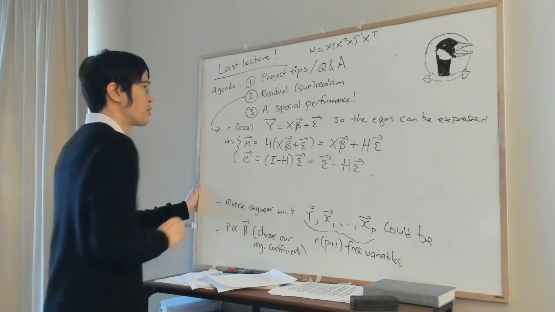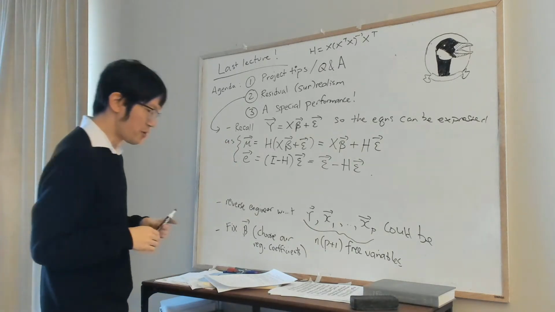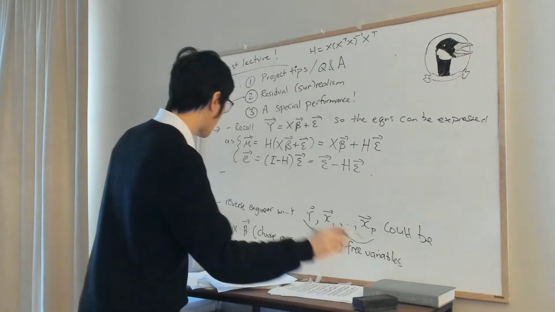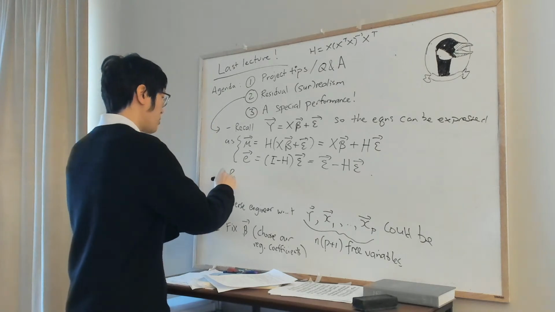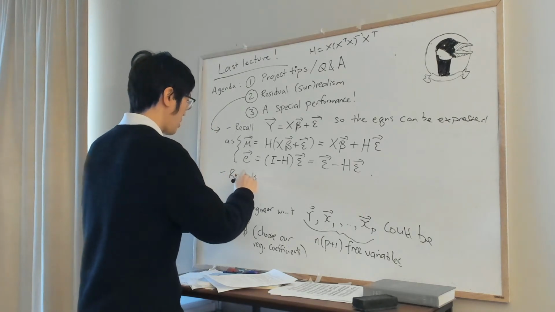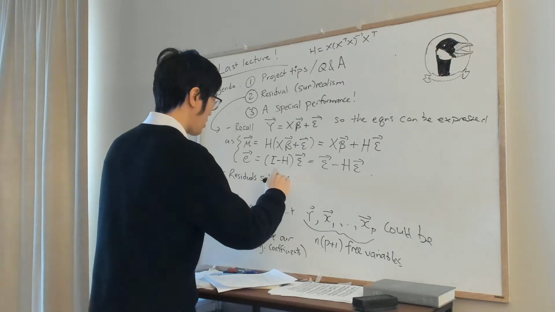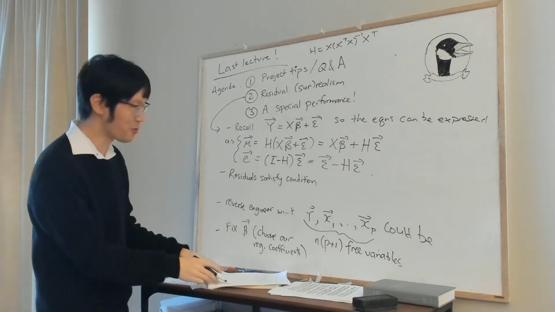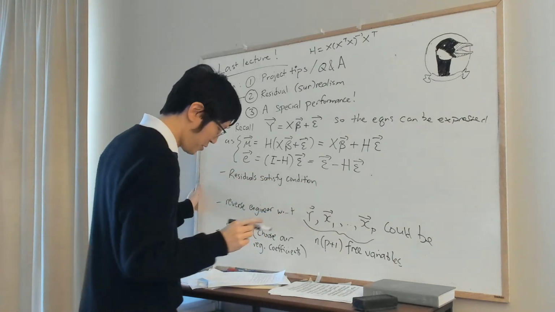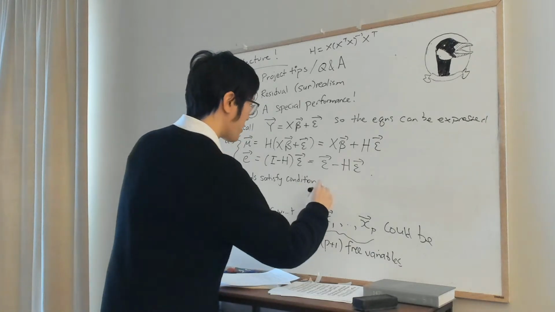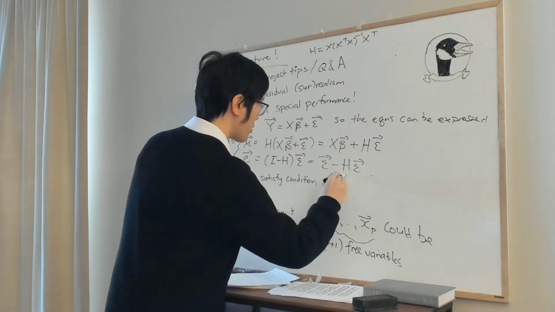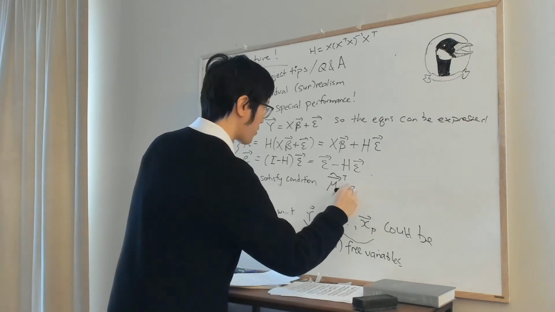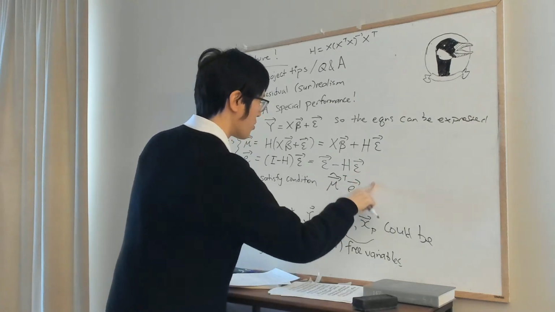Now, one thing we also learned is that the residuals also satisfy a condition. This is actually nice because it ties together so many things that we learned in this course. Residuals satisfy the condition that if I take mu hat transpose and multiply that by the vector of residuals, this has to be 0.